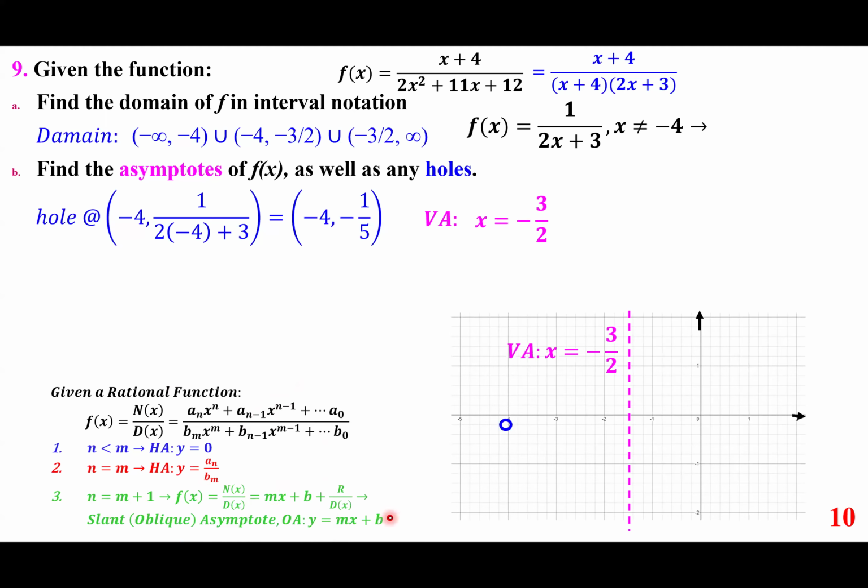Y equals mx plus b represents an oblique asymptote. So having said that, as I mentioned here, the horizontal asymptote has the equation y equals 0. There is no oblique asymptote. By the way, you have only one of it. And of course, y equals 0 means the x-axis.